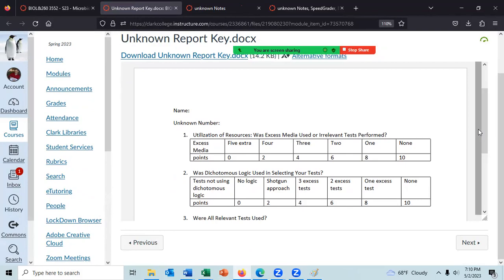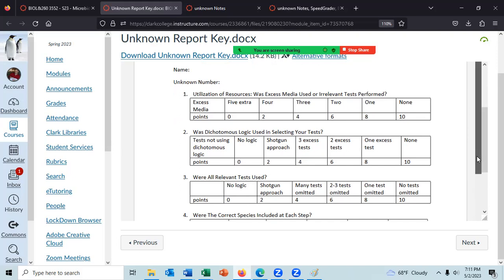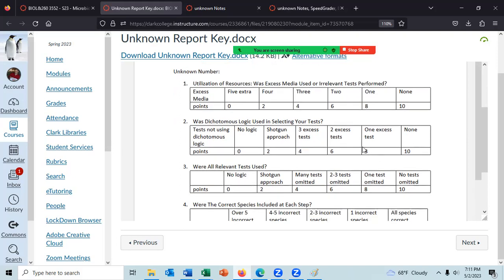Was excess media used or irrelevant test performed? If one excess or irrelevant test is performed, you'll lose 8 points. If none, you get the full 10 points. Was dichotomous logic used in selecting your test? If one excess test is used, you'll be down 2 points. If dichotomous logic is used, you'll get 10 points.